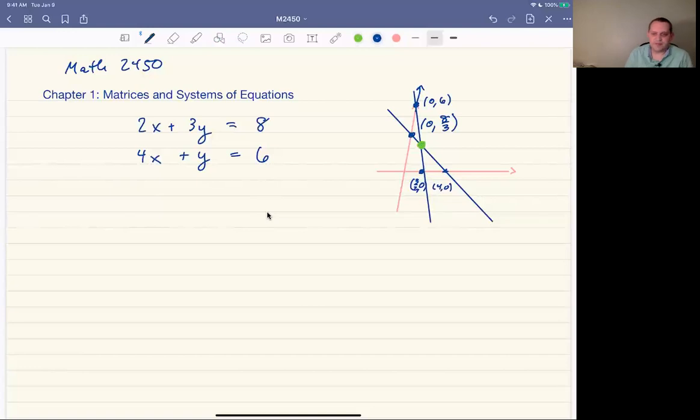We want to solve the system, figuring out the values of x and y that solve both equations at the same time. There are a few different ways to go about this. One way is substitution. You can take the bottom equation and solve for y, then plug that into the top equation and go from there, and that's totally fine.